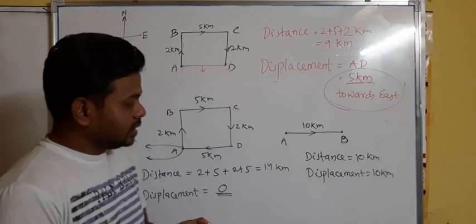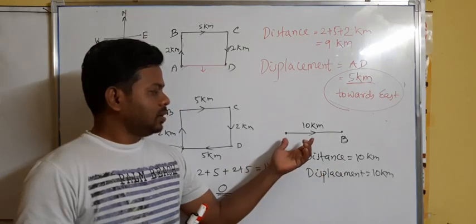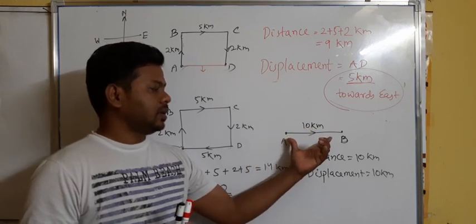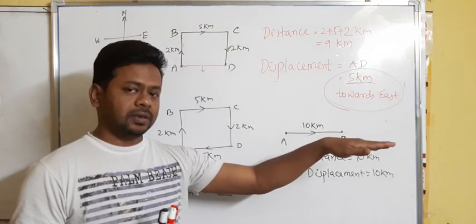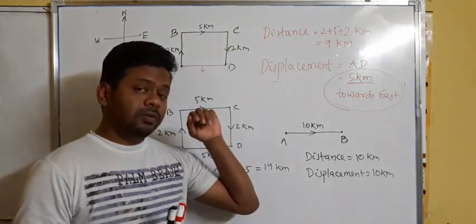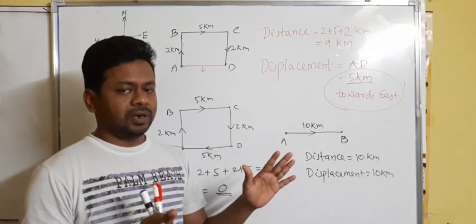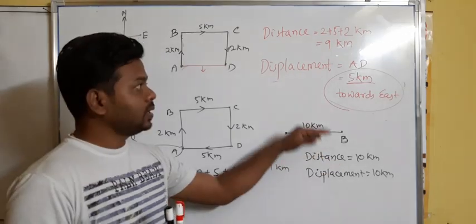So I can say that when an object moves in a straight path, the distance traveled and displacement become equal. So distance and displacement may be equal.